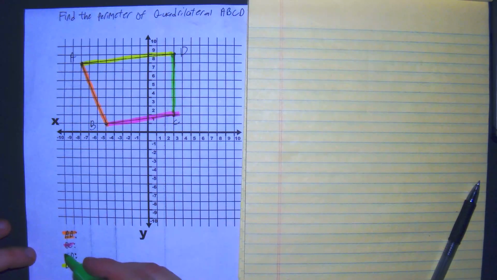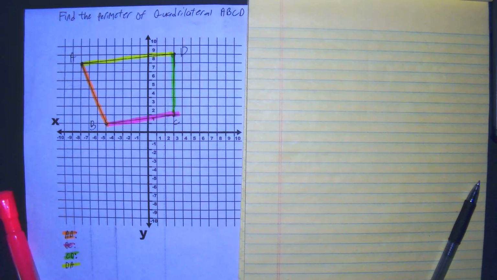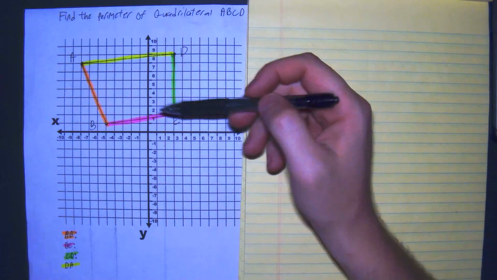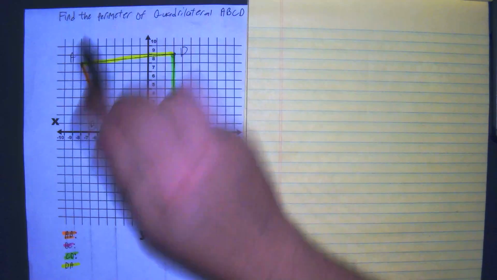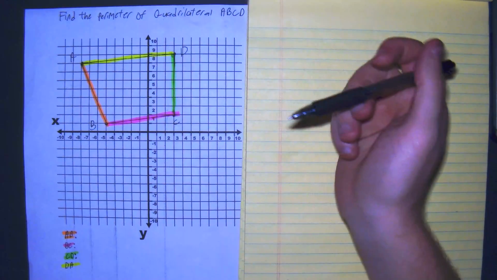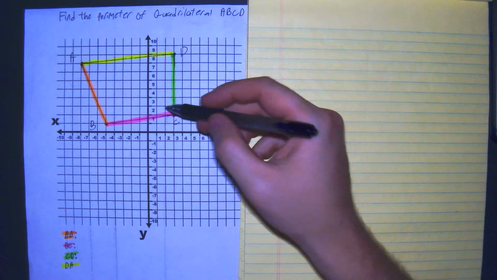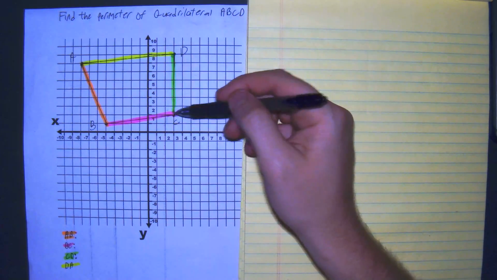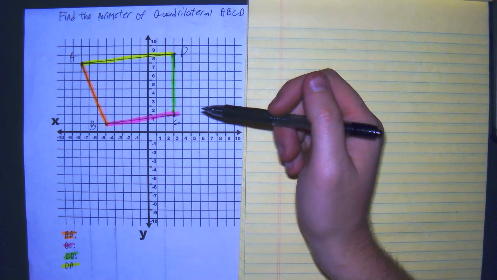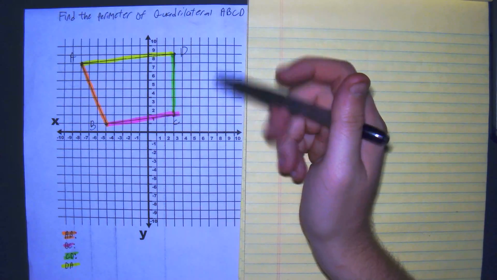Alright, so one of the first things you should always do when finding the perimeter of polygons is to see if there's any vertical or horizontal distances. Right away I can see slant, slant, slant, and this is vertical. So that's perfect. We can count the distance without even using the Pythagorean Theorem. The starting point needs to be 0.